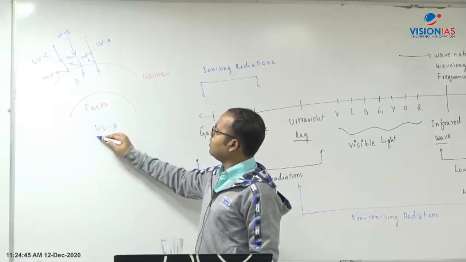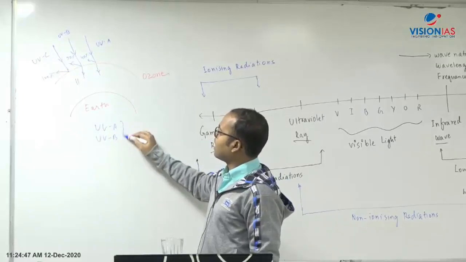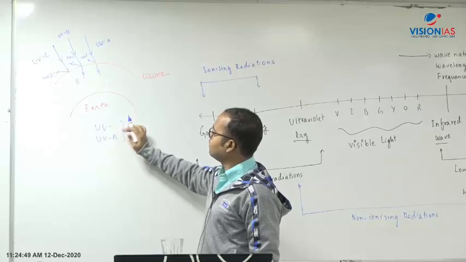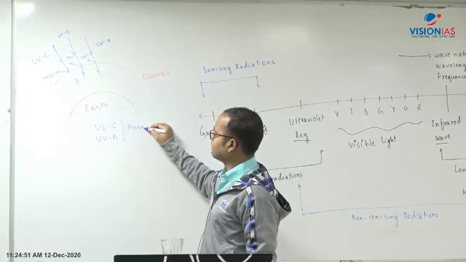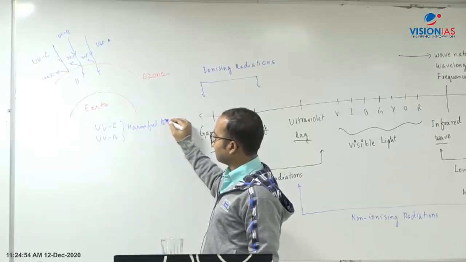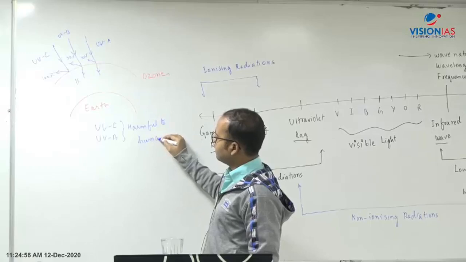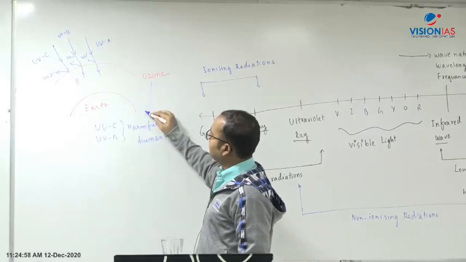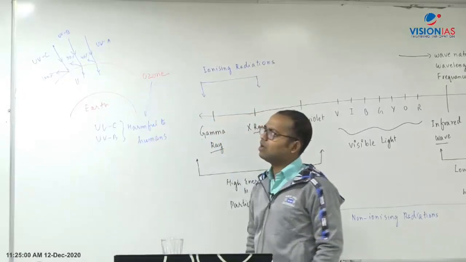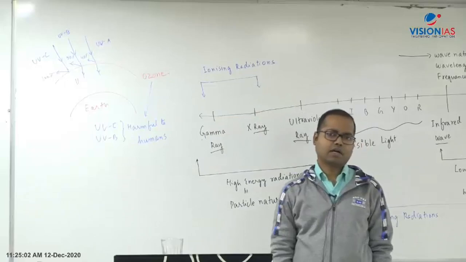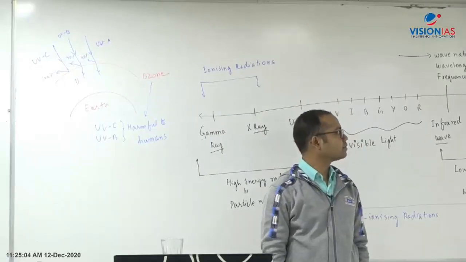UVB and UVC are harmful to humans, so the ozone layer does not allow them to enter.